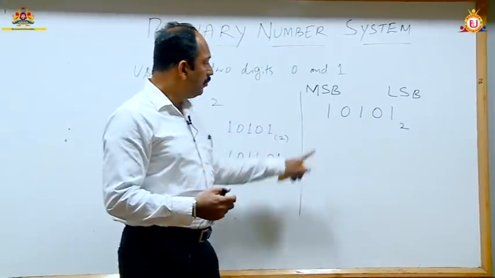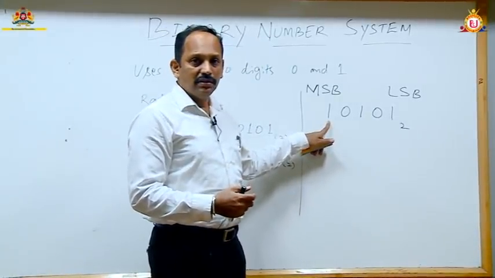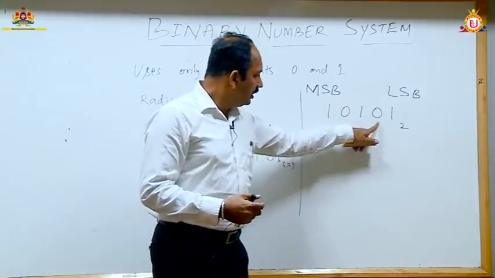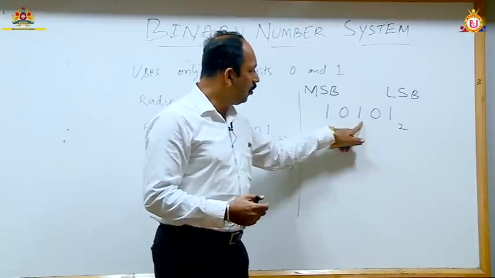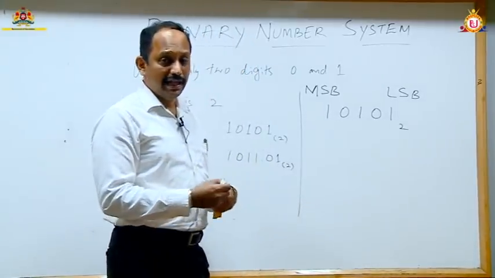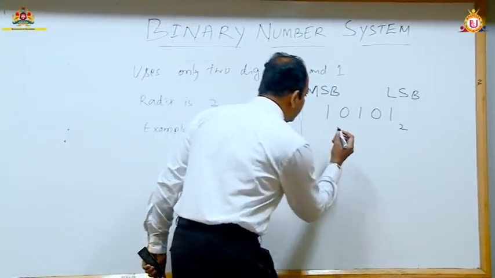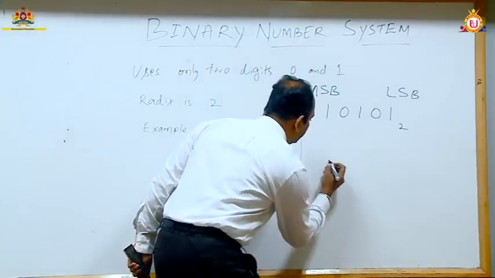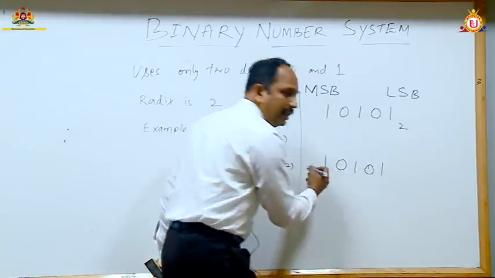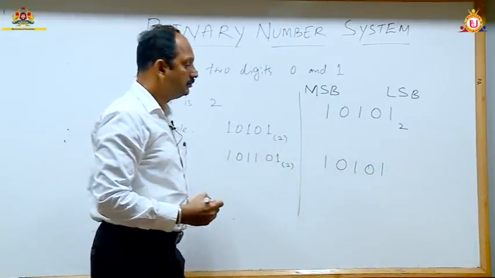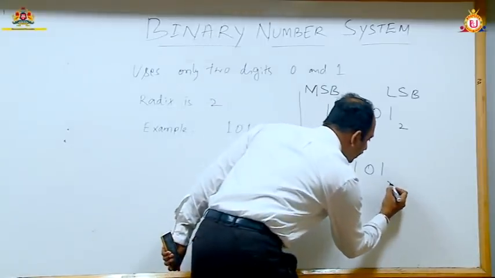Let us know the positional value and the face value of the digit 10101. Let me write like this. What is the position of every digit given in the example? This is a binary number.